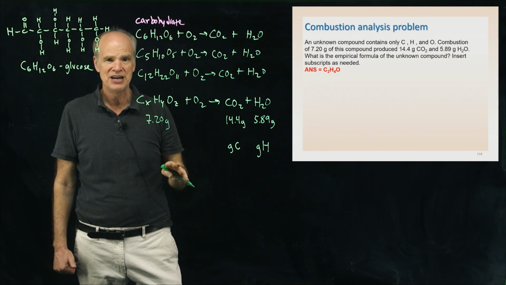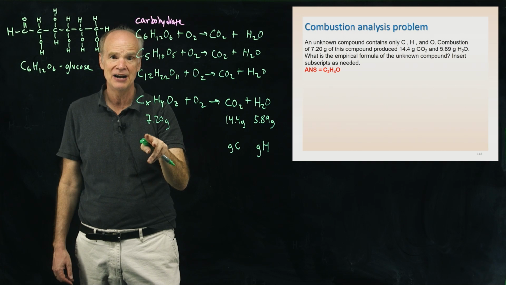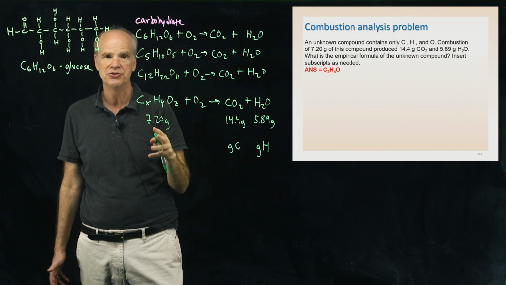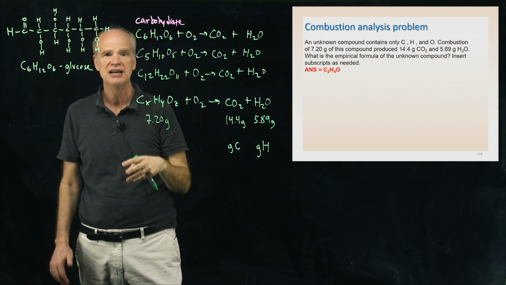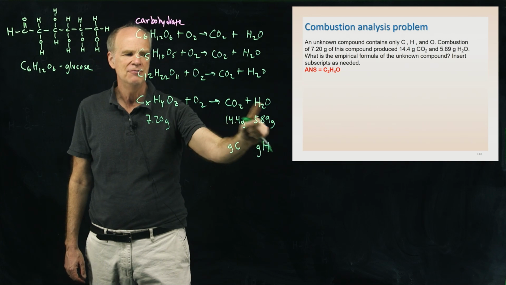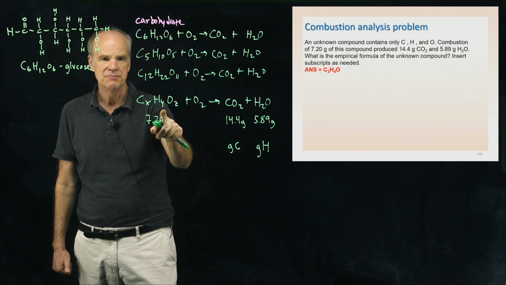From this information, can you figure out what the original formula of the carbohydrate is? For example, is it C6H12O6, or C2H4O2, or C3H8O2, or something like that? You have to figure out from the information in the problem what is the correct empirical formula for this carbohydrate.